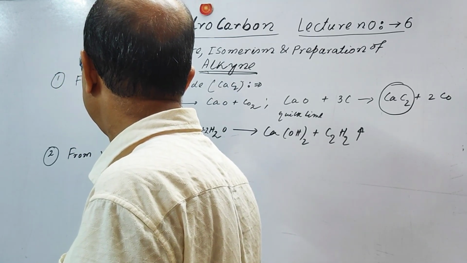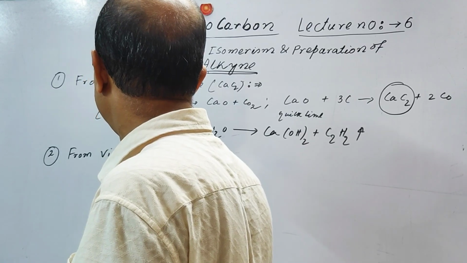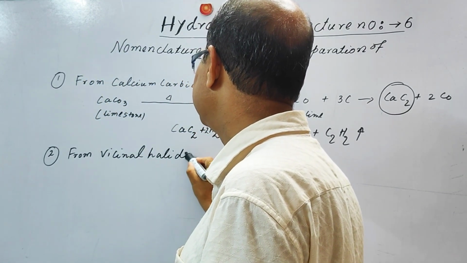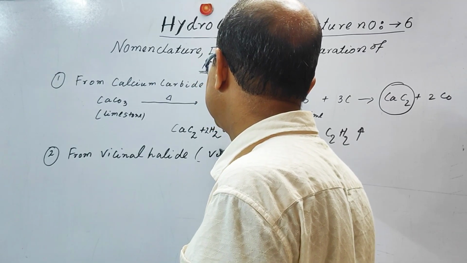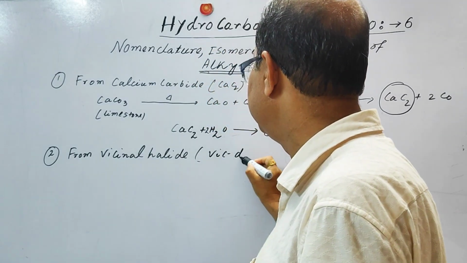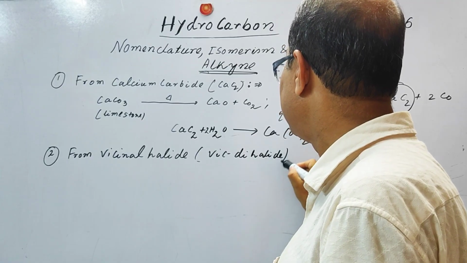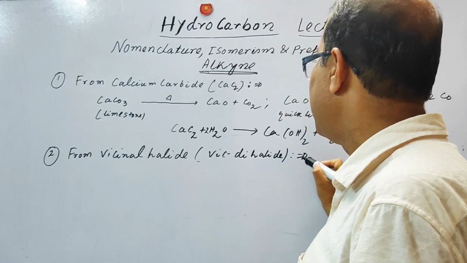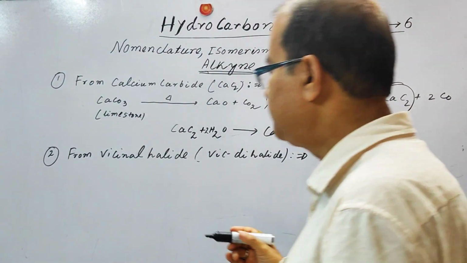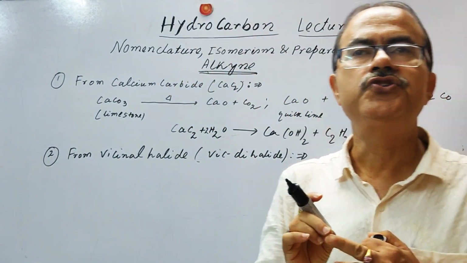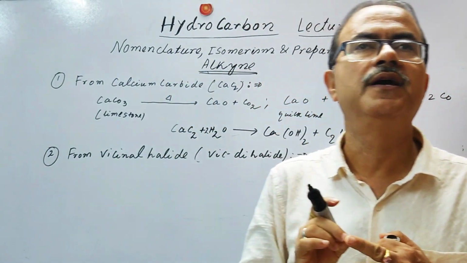Secondly, the second process by which we can prepare this is from vicinal halides, or vic-dihalides. How can we prepare it? By treating with alcoholic KOH.